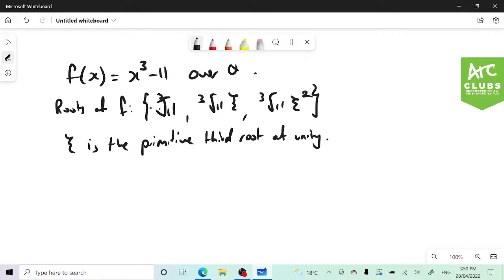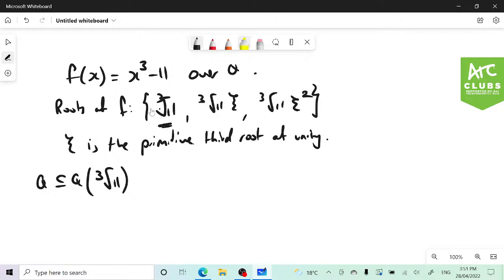Okay, so we can start to construct our splitting field. First of all, we can see that none of these roots belong in Q, so we need to adjoin every single one of these elements. So let's start with this element here. Let's consider Q, which is a subset of Q adjoin the cube root of 11.